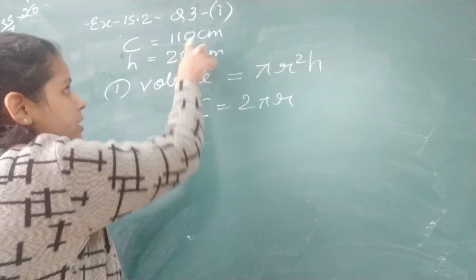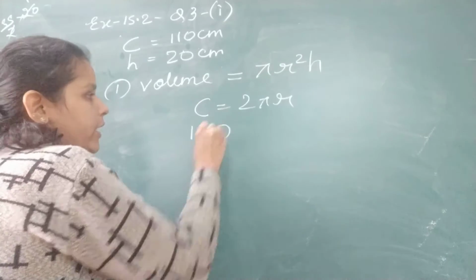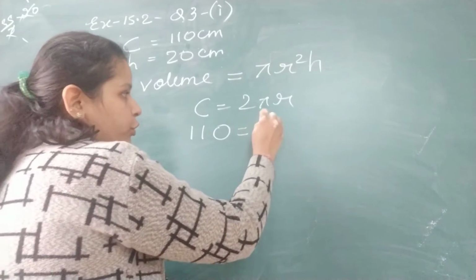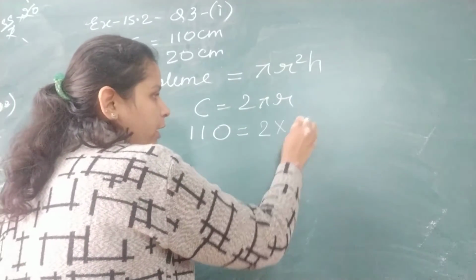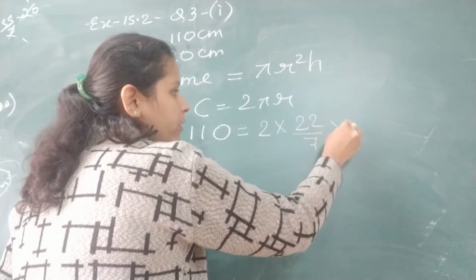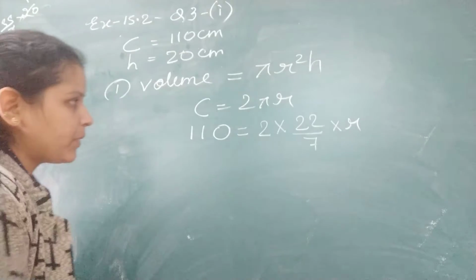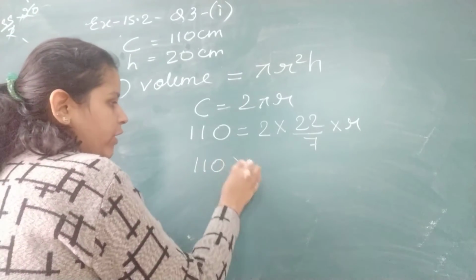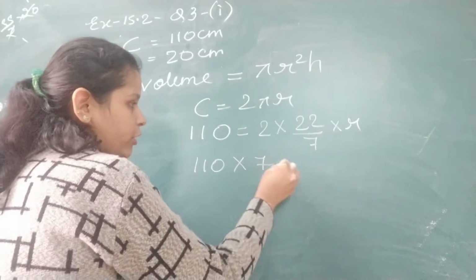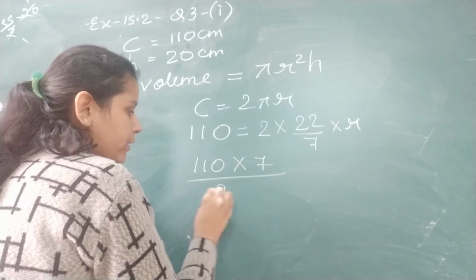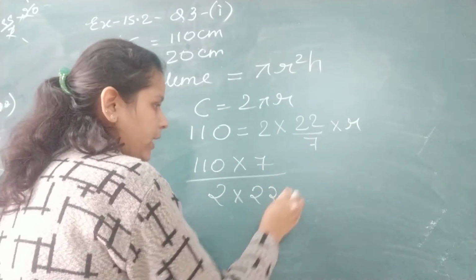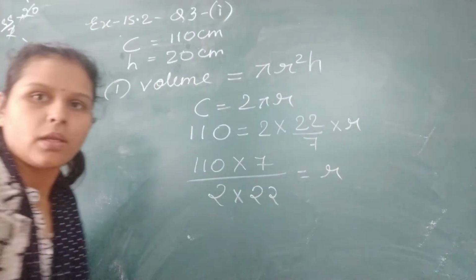Now the circumference given to you is 110 equals 2 into, in place of pi you can write 22 by 7, into r. The radius r you don't know, which you have to find actually. Now 110, we can take 7 here in multiplication, and in division what you will get is 2 into 22. That is equal to r.